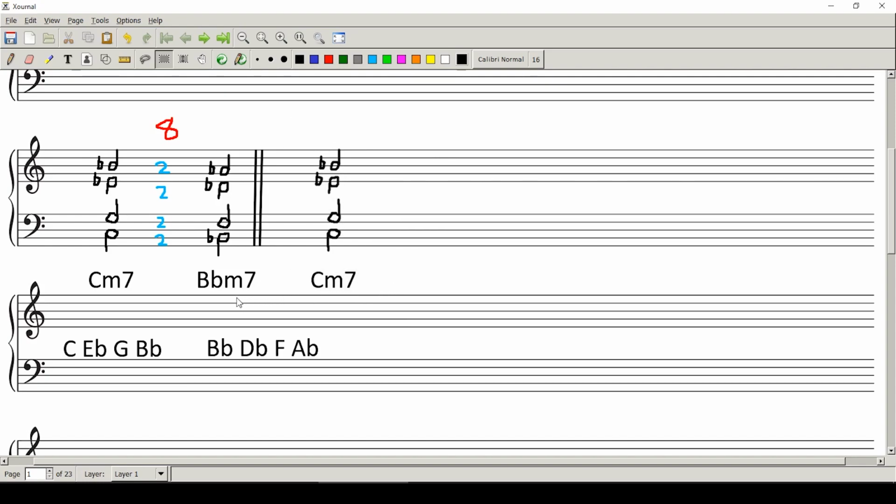So for example, what happens if instead of letting C go to the root of the second chord, we let C go to the third of the second chord? That is, C goes up to D flat right here. That's already a little promising since that's only moving by 1 step rather than 2.